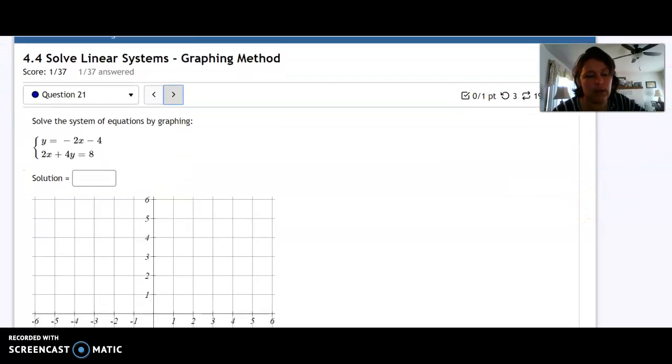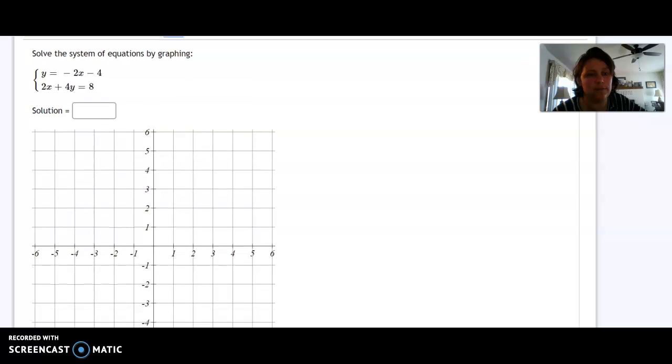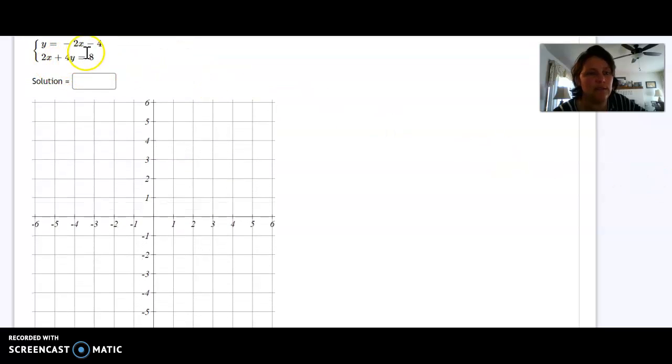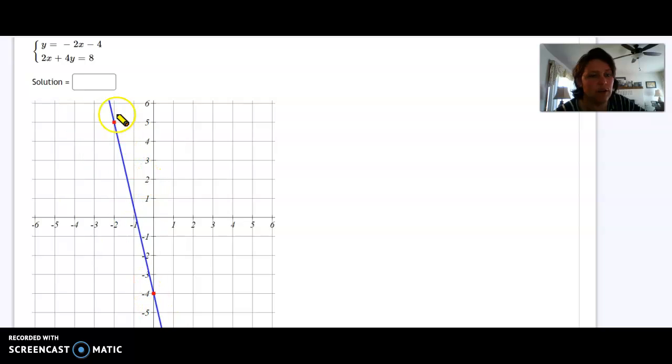Okay, 21 is back to graphing. Okay, so we have y equals -2x minus 4. So when we graph that one, we're going to start at -4 as our starting point. And then we're going to count down 2 and over 1 for our slope.